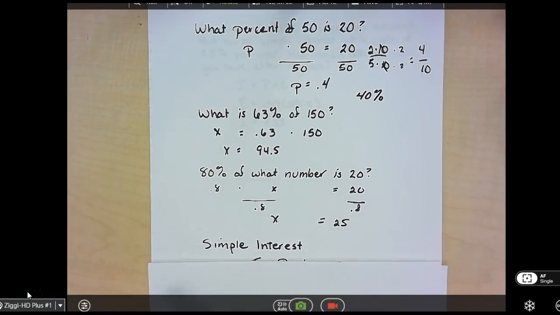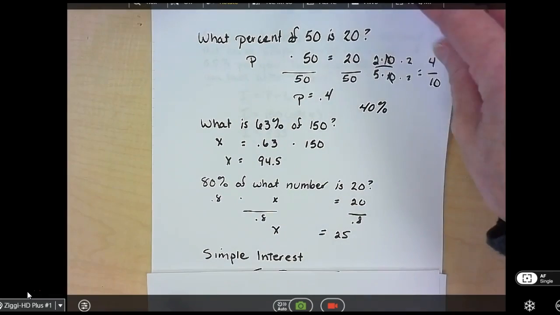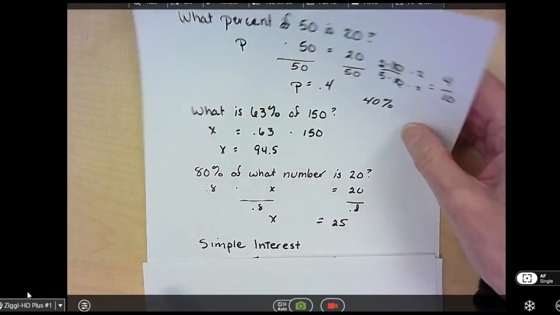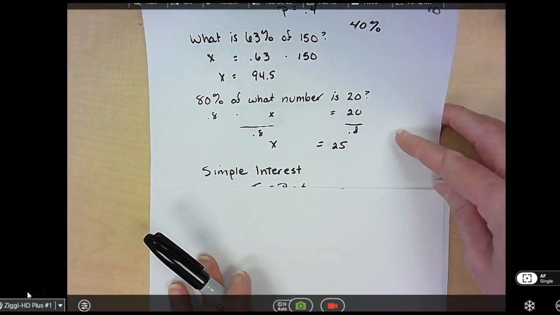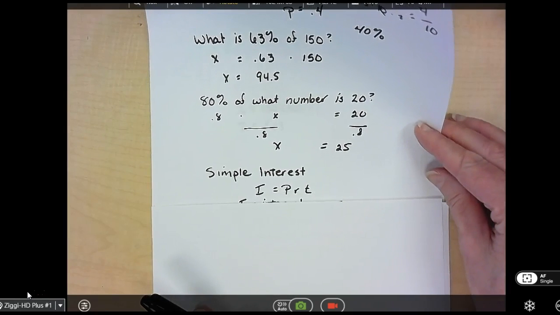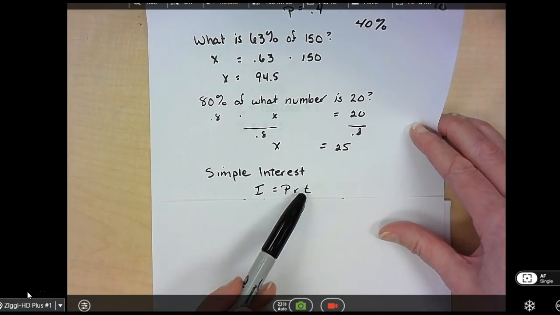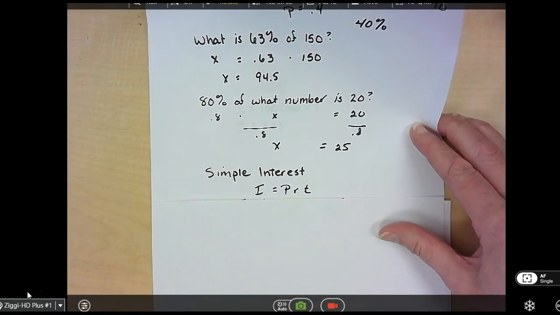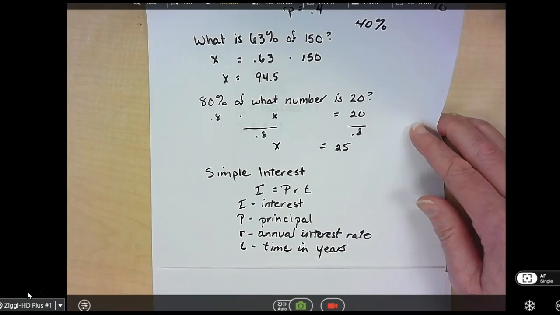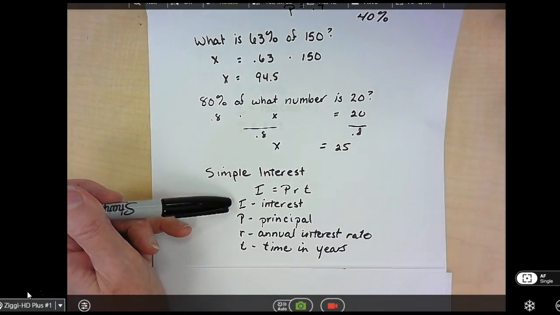Okay, the other type of problems in this section are your simple interest problems. So we're going to have an equation. I equals P times R times T. And again, if you want to put the dots in, you can, but we usually leave them out. So these are what the variables mean.